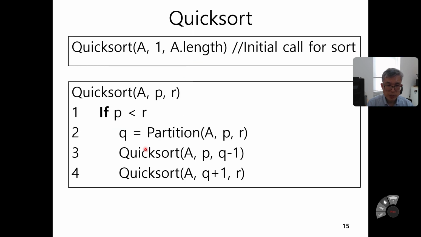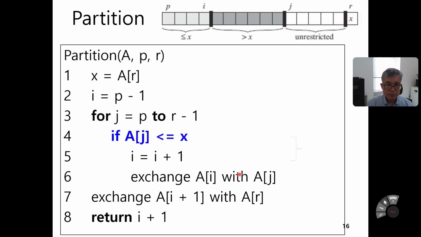So previously P was the pivot index. The left partition is P through Q minus 1, and the right partition is Q plus 1 through R. Okay, so the number of iterations is R minus 1 minus P plus 1, which is R minus P. So this iteration is approximately n.